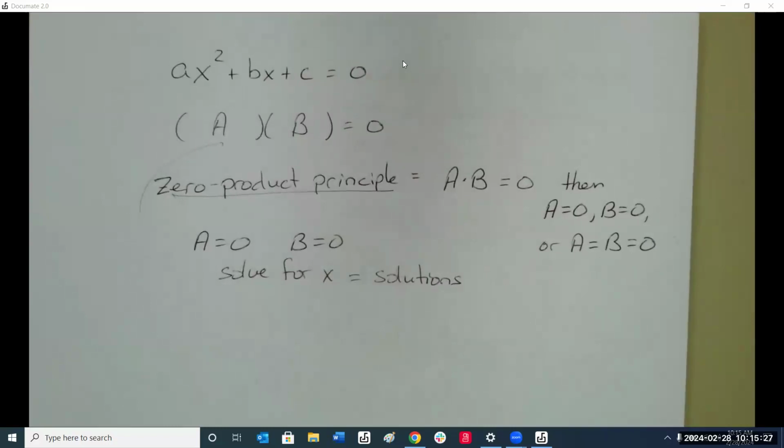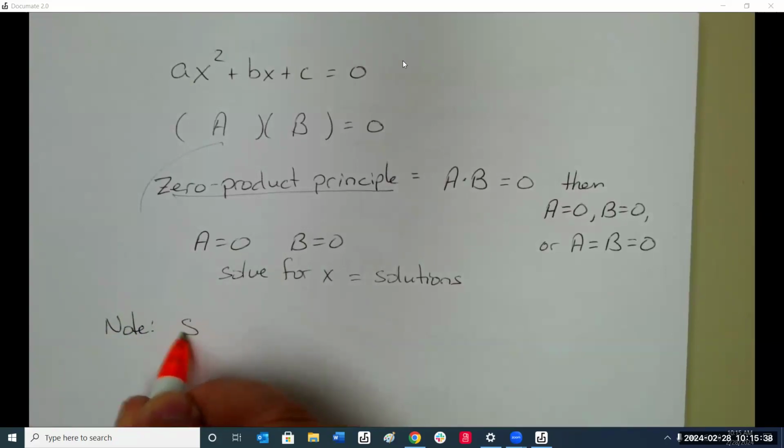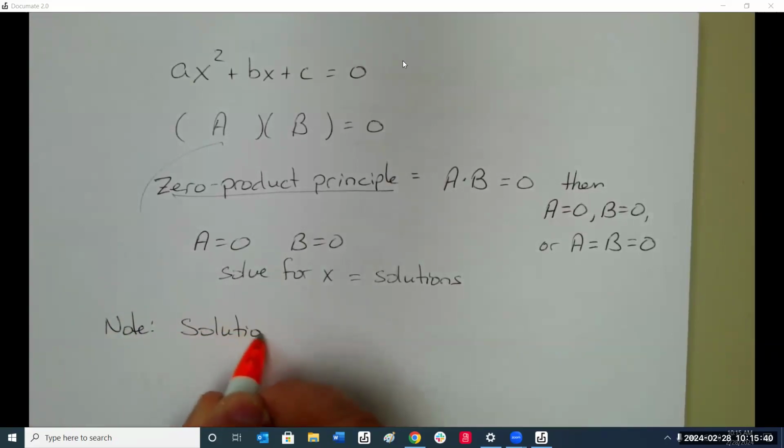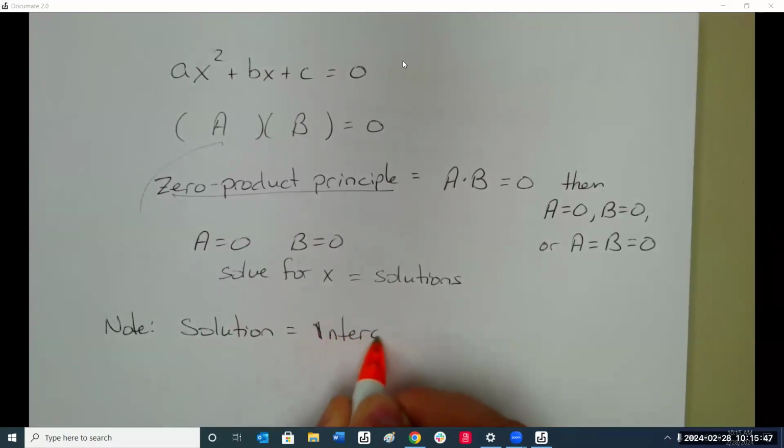See, so the word solution has many synonymous meanings. Solution means intercept.